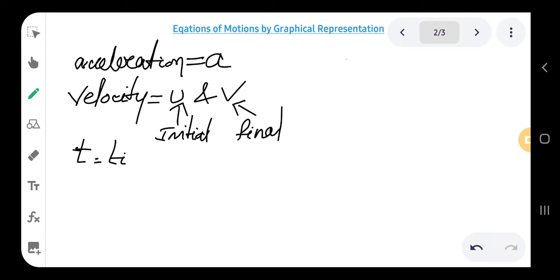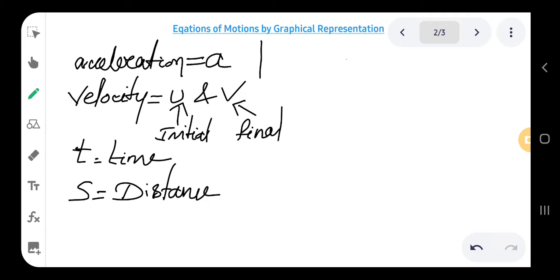These values you will need to consider, and also s stands for our distance. So there are three equations. What are they?